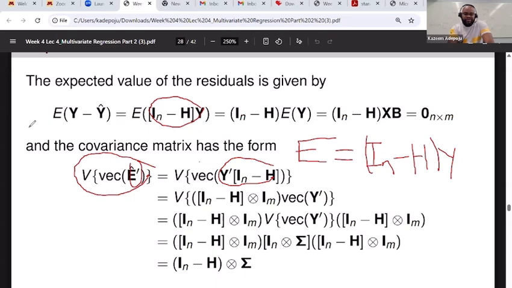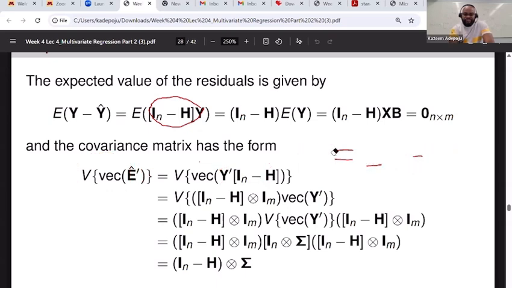Now, from here, the vec of Y, and this is going to be a constant. And if that happens, this can be written as I minus H multiplied by the vec of that. Because this is a constant, if it comes out, it's going to be squared.